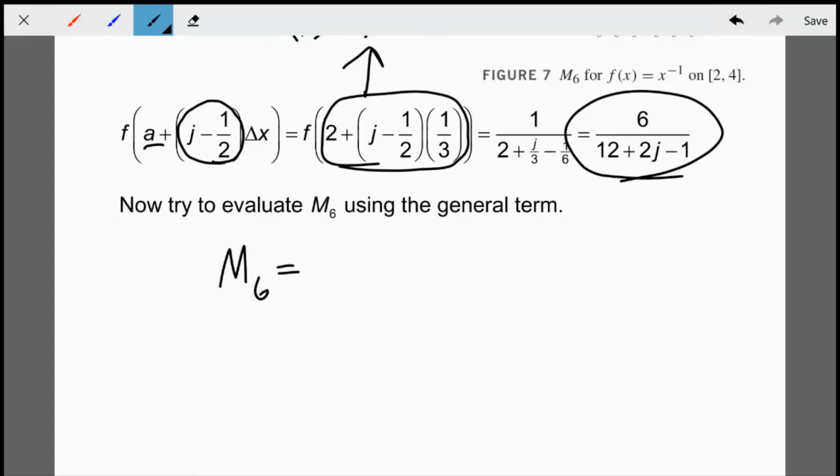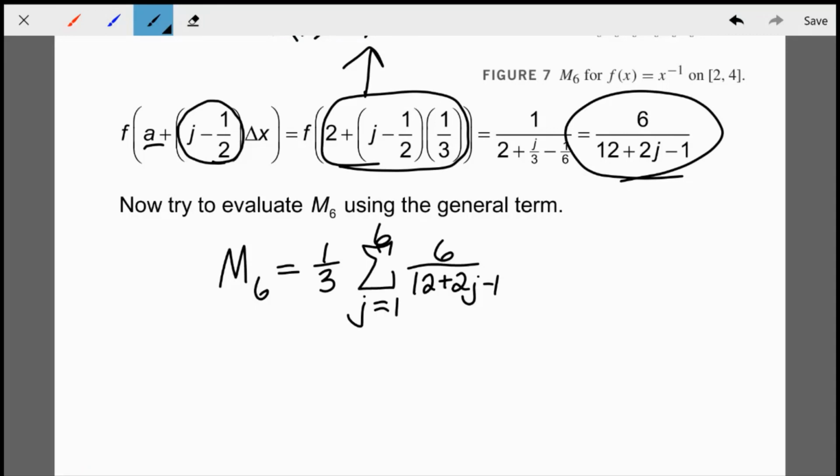I could rewrite that as 1/3 being my delta x, and now this summation is going to represent all of those function values at the midpoint. j is 1 to 6. And remember, it was f of a plus j minus 1/2 times delta x, but that's simplified into 6 over 12 plus 2j minus 1.